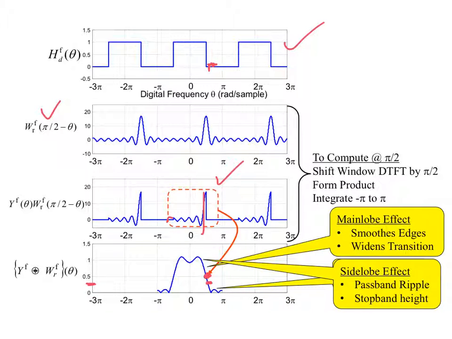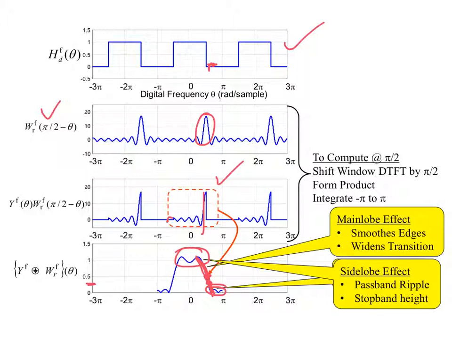It's like 0.2. So that's where the issue comes from. We get ripple in the pass band, we get ripple in the stop band, and the main lobe width causes this transition to be fairly broad. All of these things can be fixed to some degree, with trade-offs, by choosing windows that are non-rectangular.